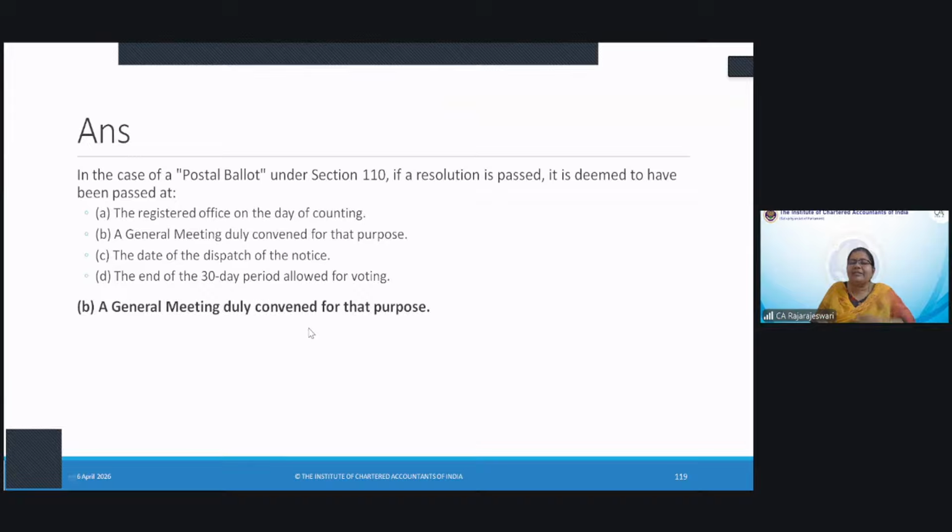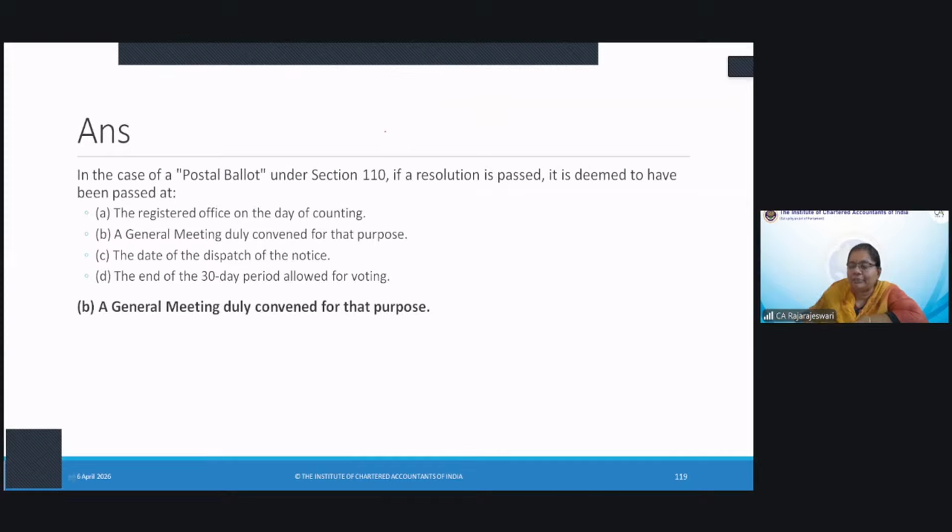See, it is a general meeting duly convened for that purpose, no? You are passing that resolution physically, and you are also getting the results from the postal ballot. But the date of resolution is only the properly convened meeting.